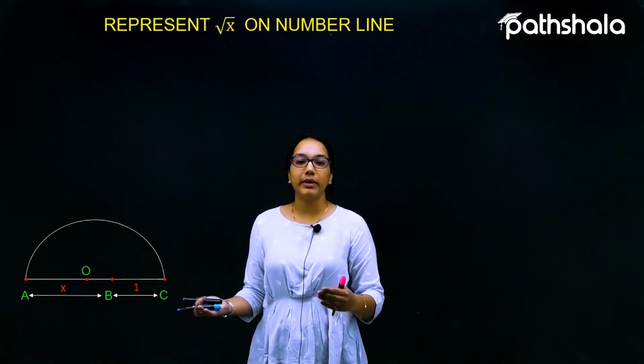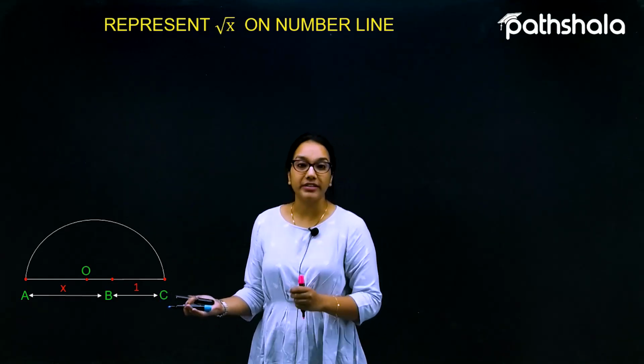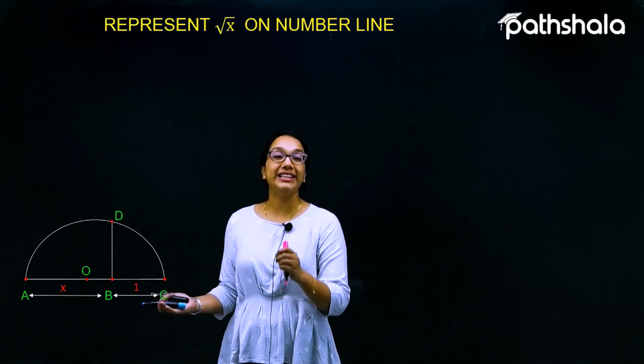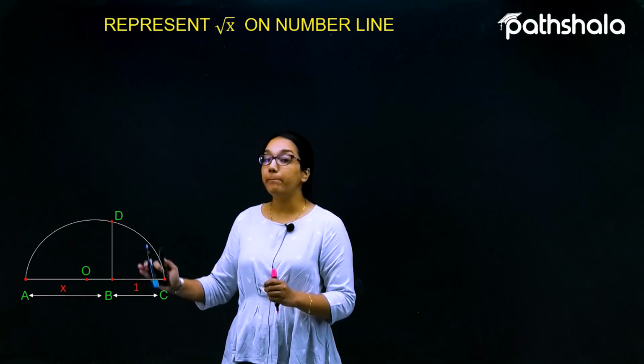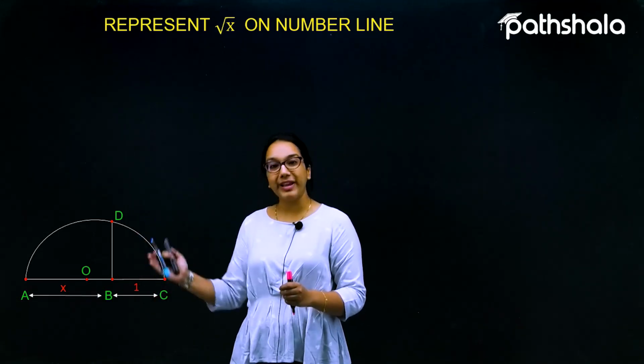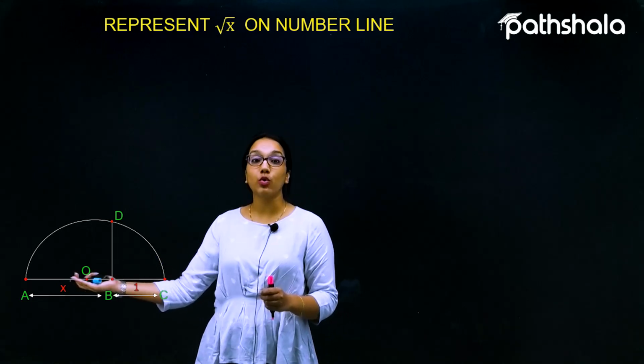The further step would be like, taking B as a point, draw a perpendicular BD, which is perpendicular to AC.